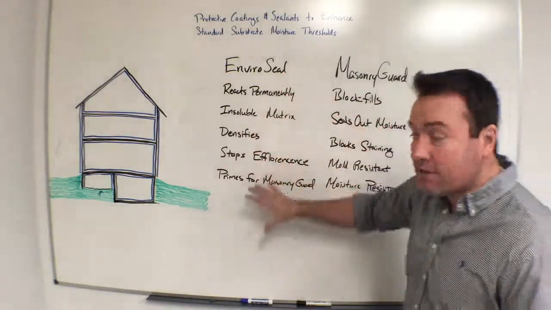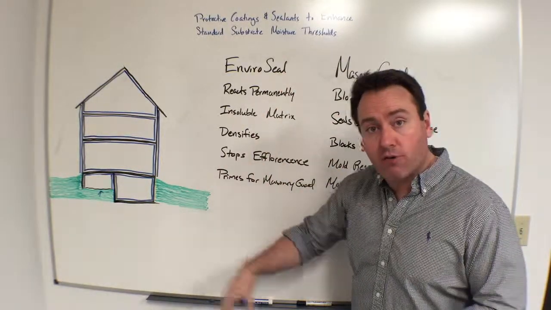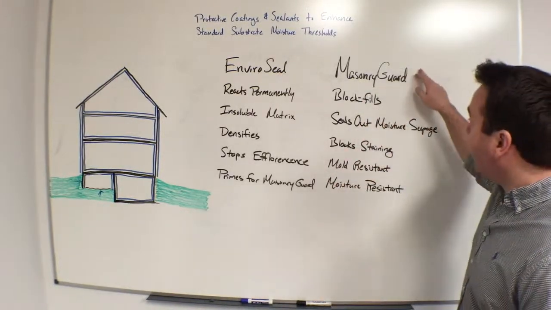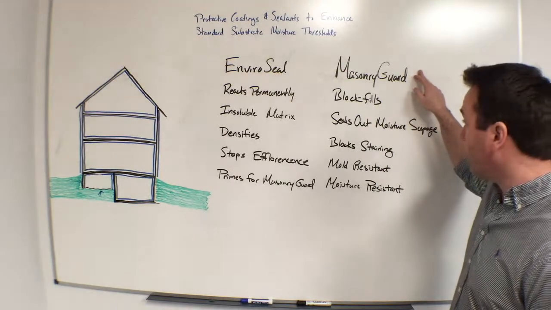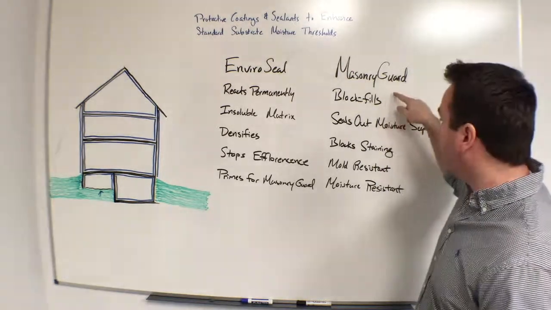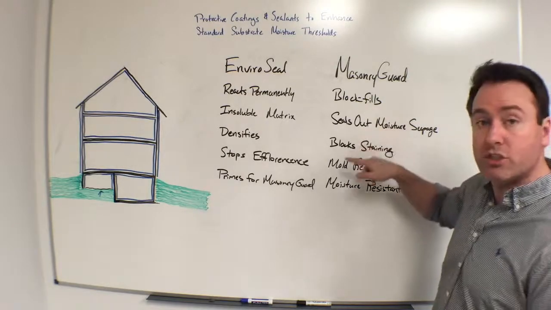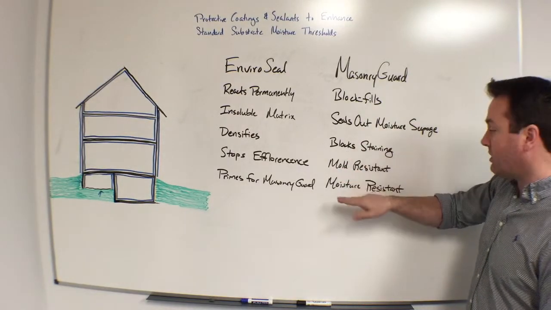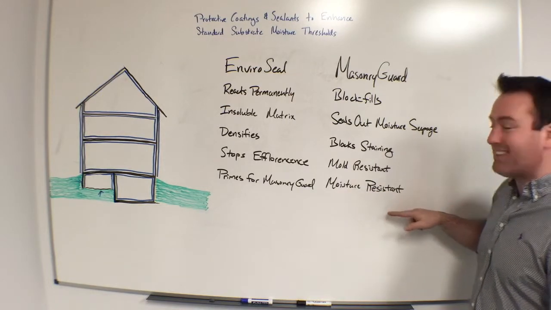Now, once EnviroSeal has been applied to the surface and it's been given this opportunity to dry, now we can move into Masonry Guard. Masonry Guard performs the other task of block filling, sealing out moisture seepage, blocking stains, being a mold resistant product and moisture resistant at the same time.